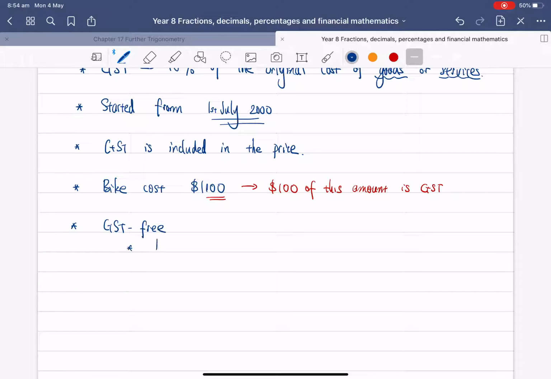An example of basic food would be milk, bread, and fresh fruit and veggies. Those are GST-free items. You don't have to pay any GST for that.